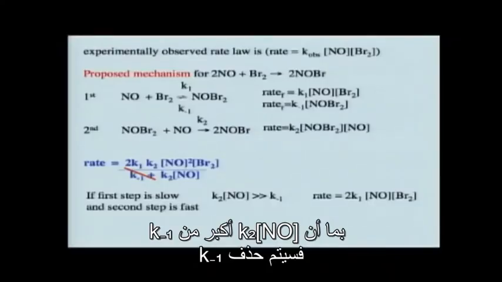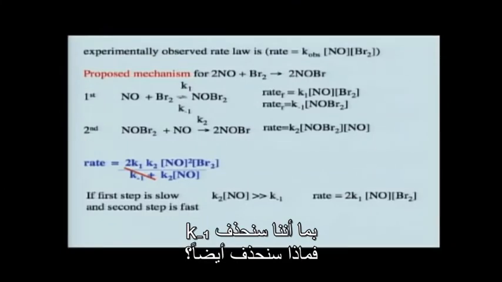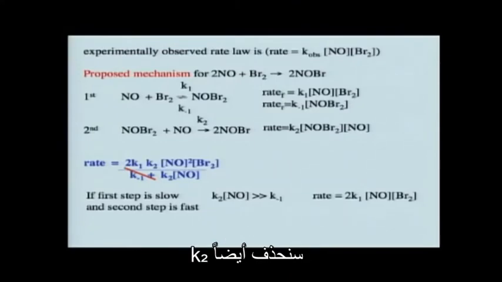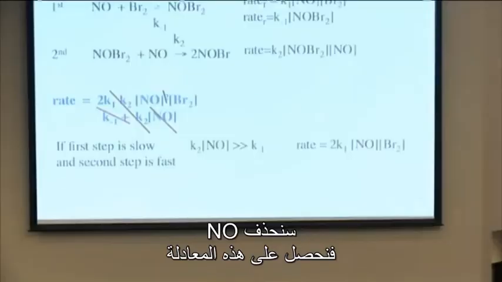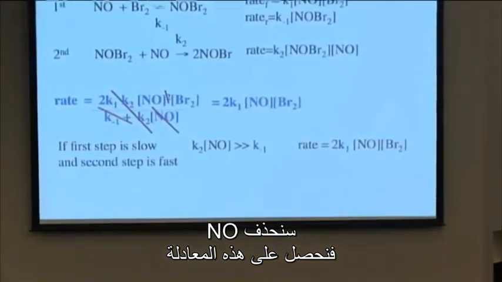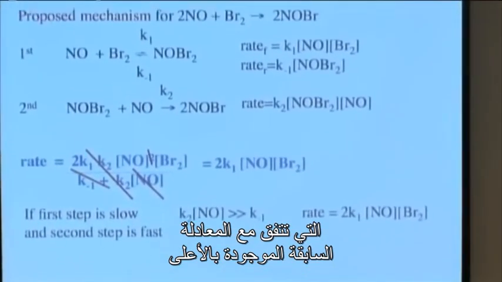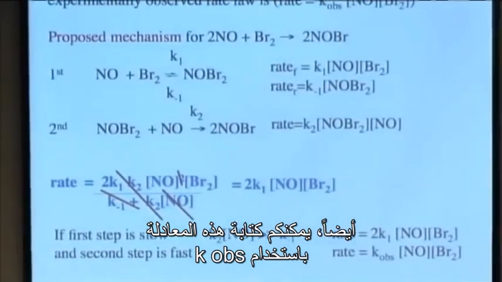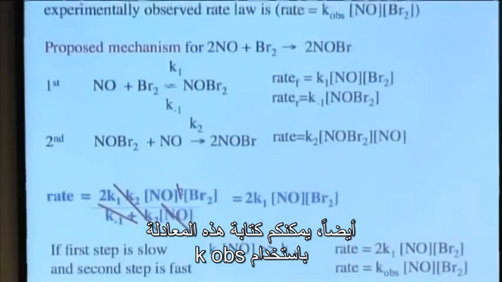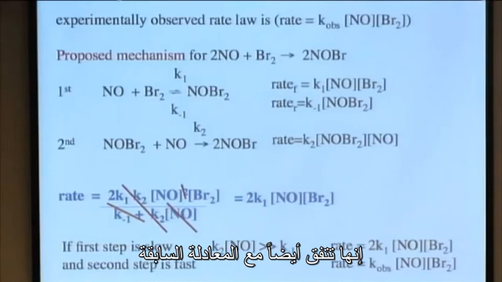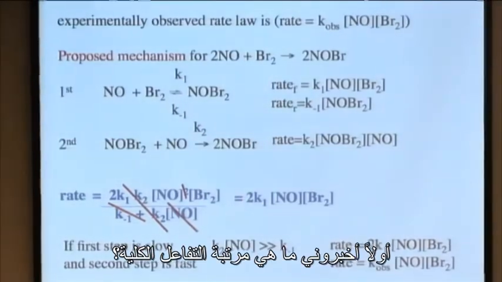If this is much bigger than this term, that cancels out. If that cancels out, what else cancels? K2 also cancels, and what else cancels? One NO cancels, giving you this expression. And that is consistent with the answer up there. So you could also see that as the K observed. So that's consistent.